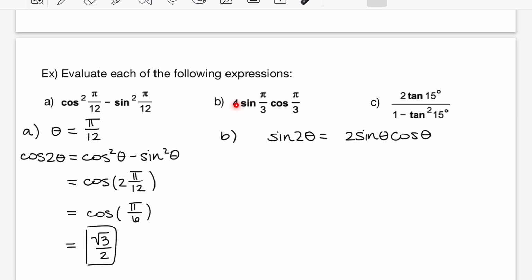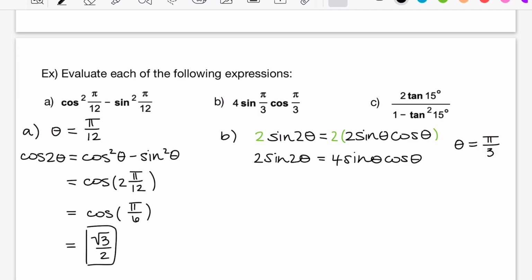The only thing is that the coefficient in front is actually 4 rather than 2. So we can manipulate our identity and multiply by 2 on both sides. What we'll get here is that 2 sine of 2 theta is going to be equal to 4 sine theta times cosine theta, which is exactly of this form here. And in this case, theta is going to be equal to pi over 3.